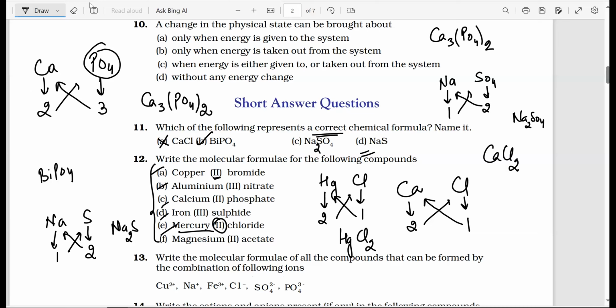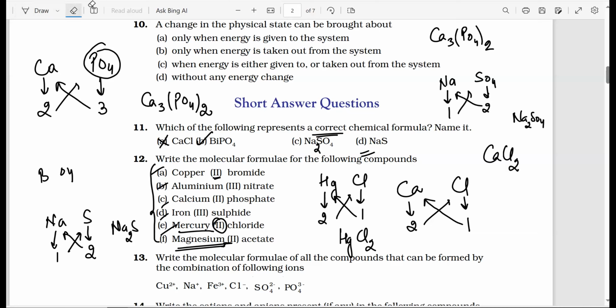What is the formula of magnesium acetate? And iron sulfide?